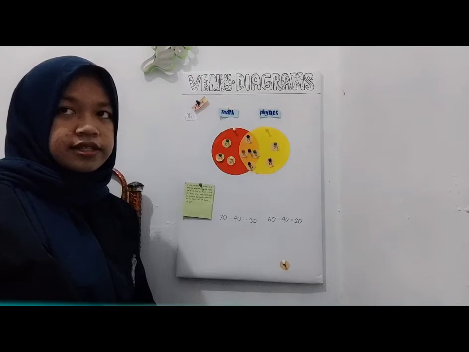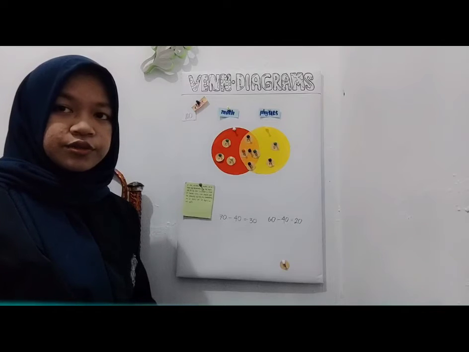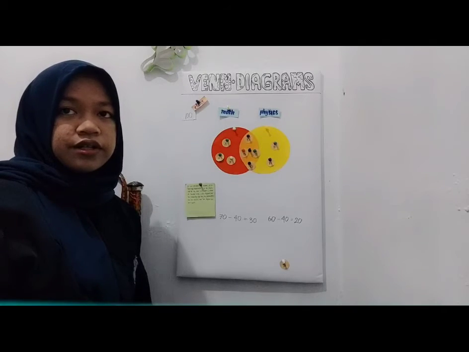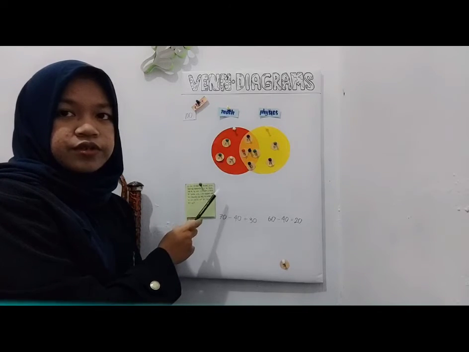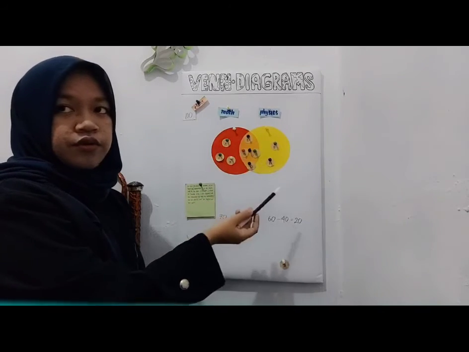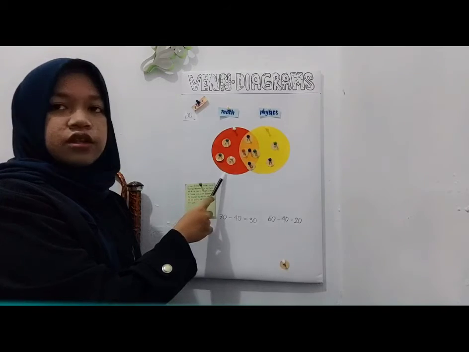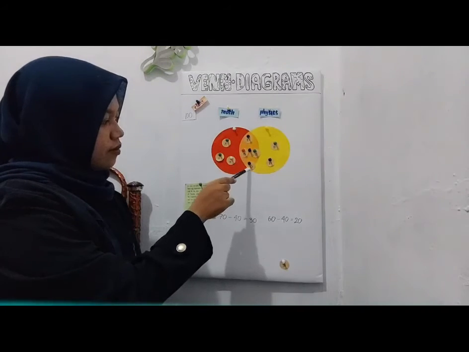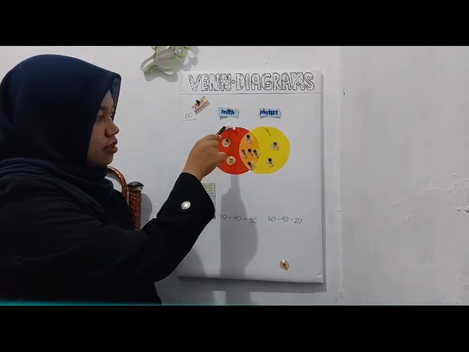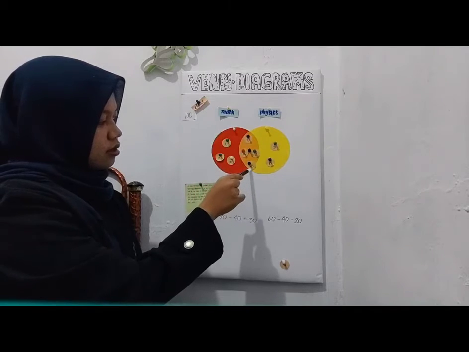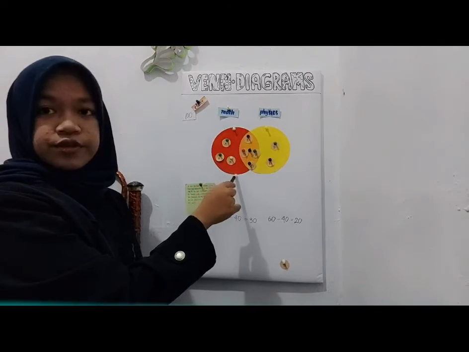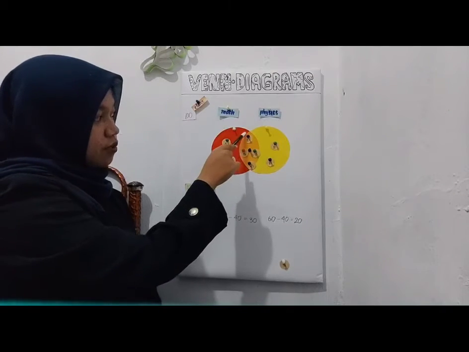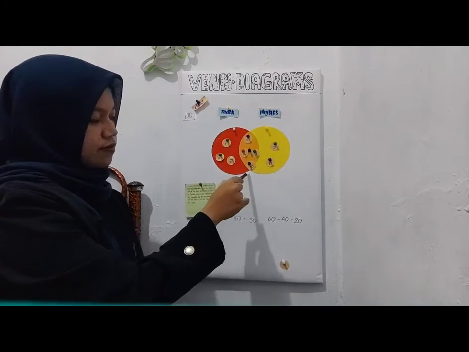Since the class contains 100 students in total, we are looking for the probability that a randomly chosen student will like mathematics but not physics. And this Venn diagram is for students who like mathematics but not physics.